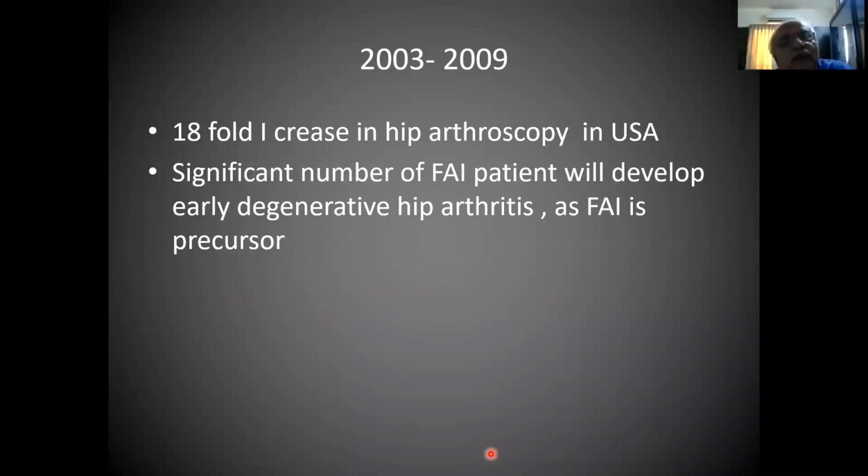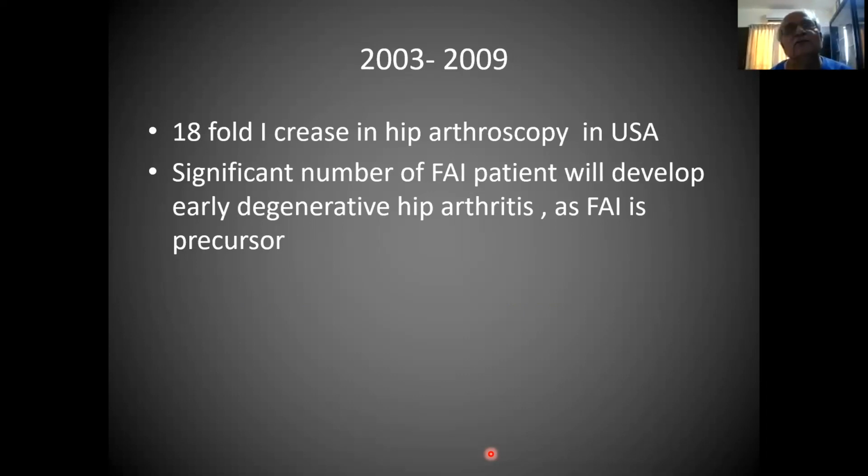So arthroscopy came with a vengeance between 2003 and 2009. There was an 18-fold increase in hip arthroscopy in the USA after FAI came into the picture. A significant number of FAI patients will develop early degenerative arthritis, as FAI is a precursor. So a lot of arthroscopies were done in the USA. Now today, we have toned down completely.